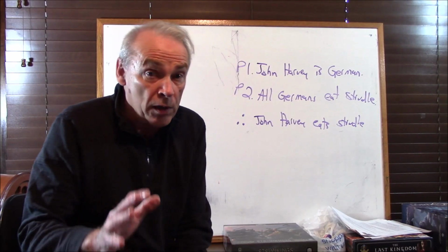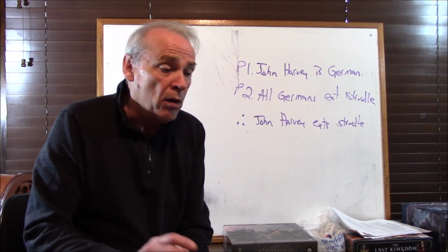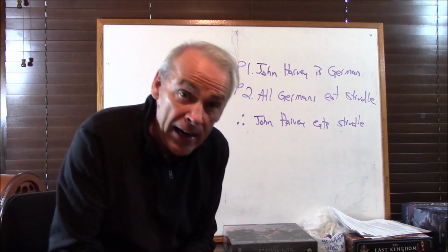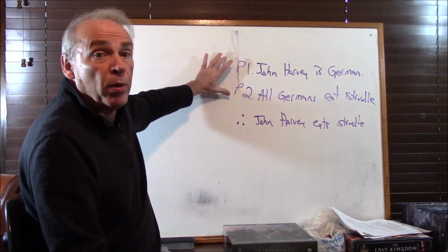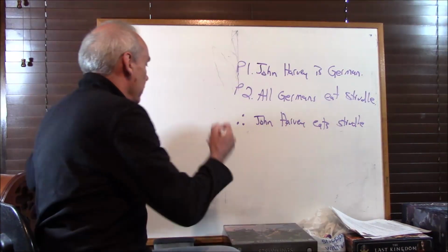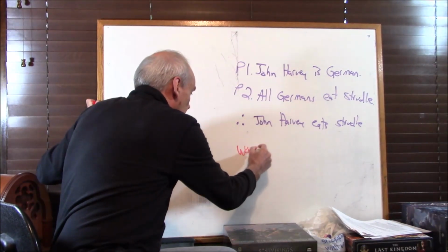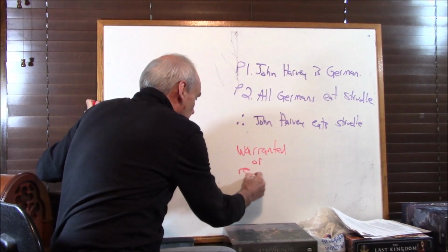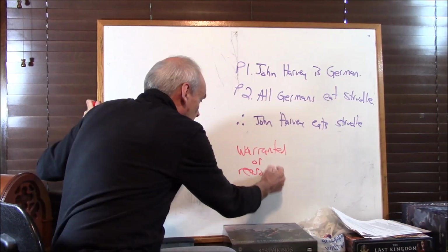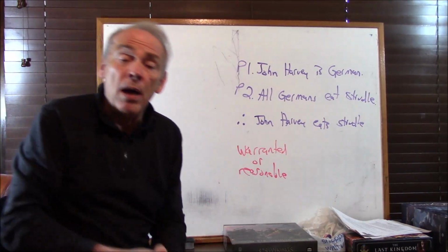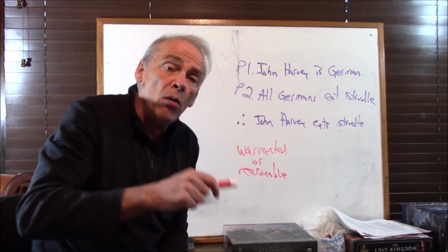The tough one is cogency. All right. Cogency requires both validity and that the premises be warranted, or reasonable.